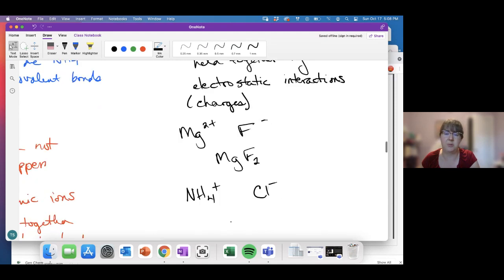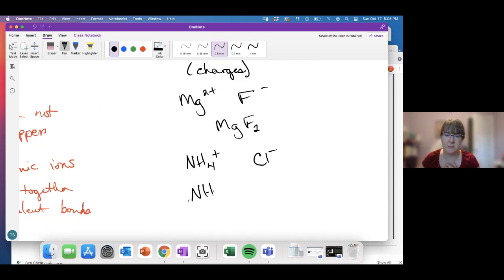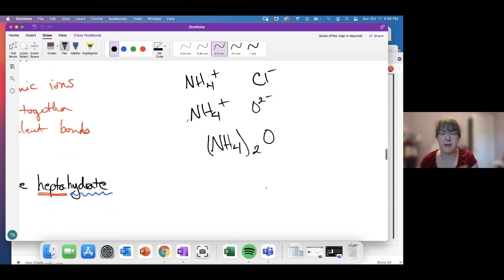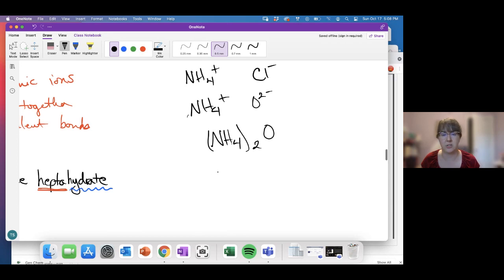I could even go ahead and put together ammonium oxide instead, just to give us something different. Ammonium oxide, also all nonmetals, but held together with electrostatic charges, because I've got a positively charged thing and a negatively charged thing.